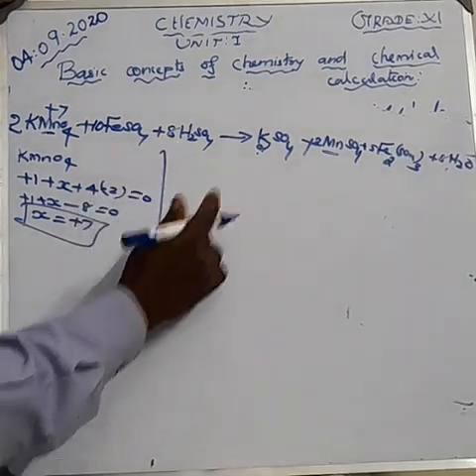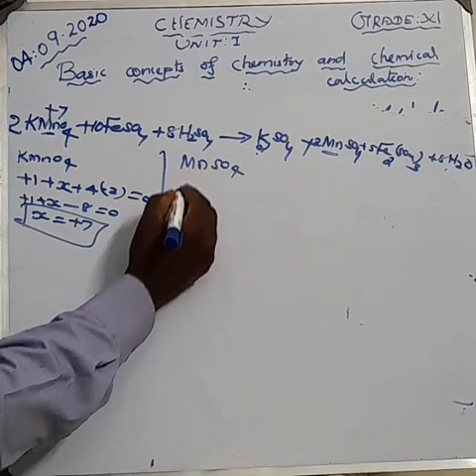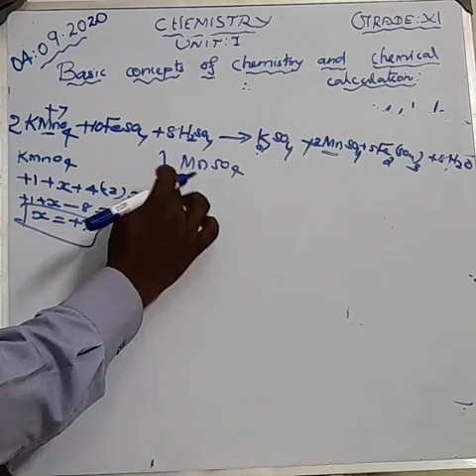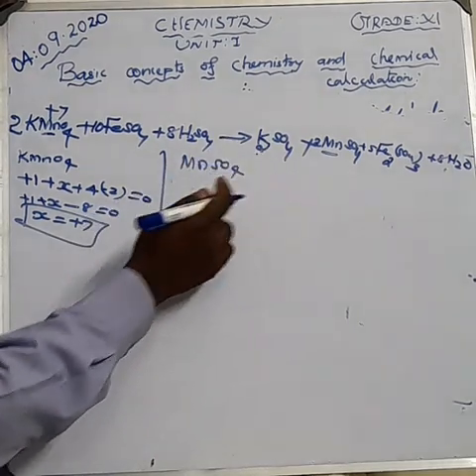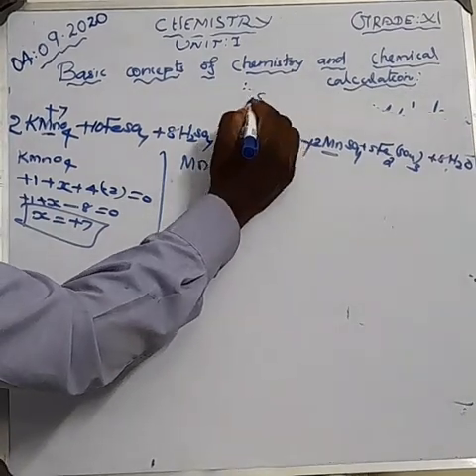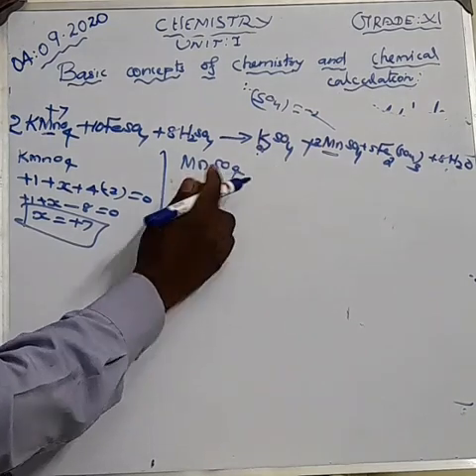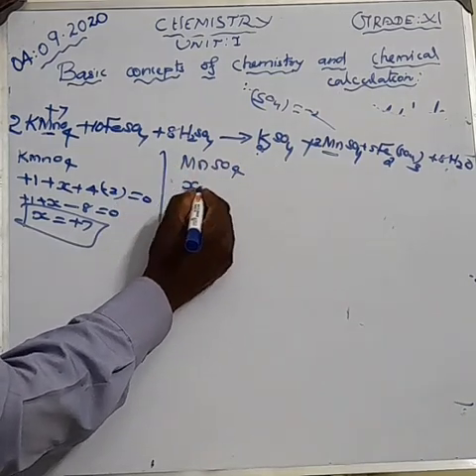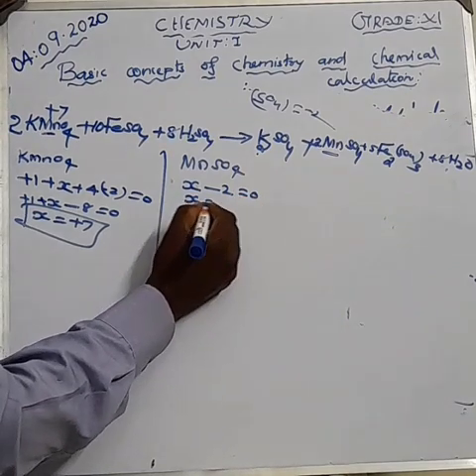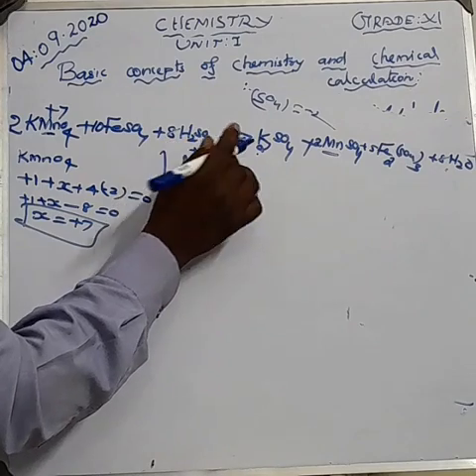Next one, MnSO4. Mn is taken as X. For the sulfate ion, SO4 is equal to minus 2. Clear? So X minus 2 equal to 0, X equal to plus 2. So for Mn here, plus 2.